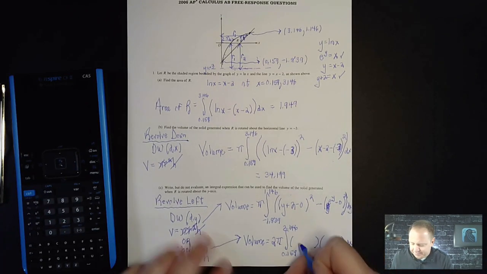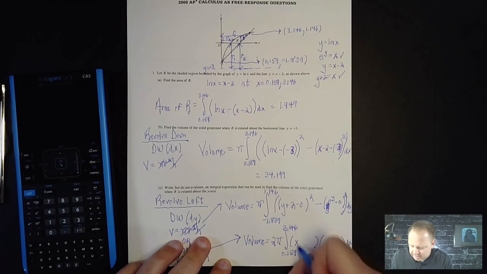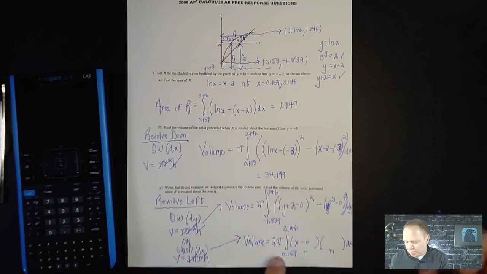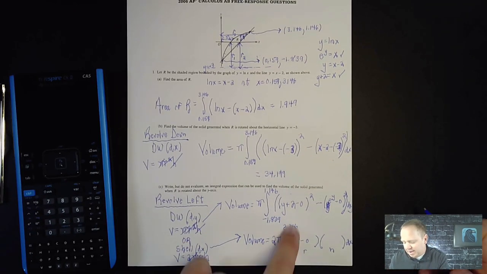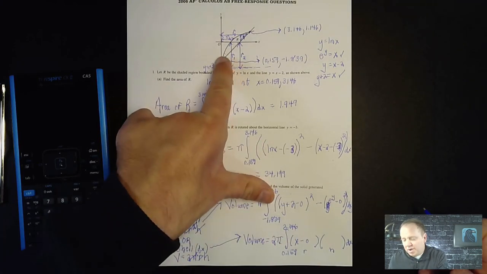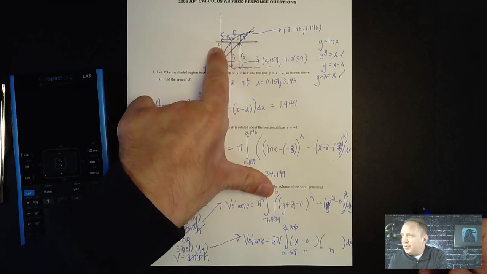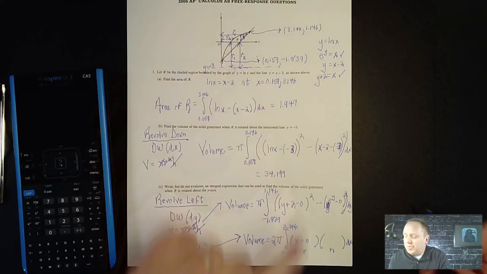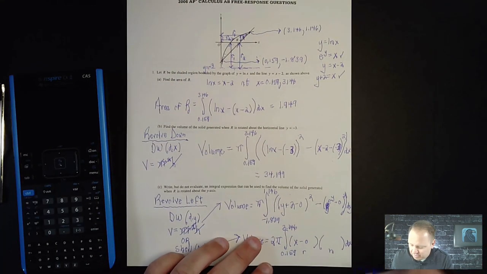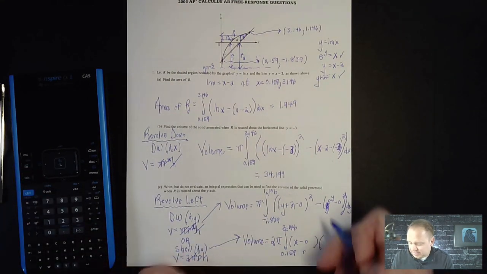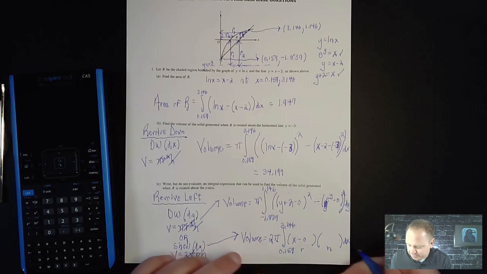Now to do your radius, it's just going to be x minus 0. And if you think about it, wherever the x value is on my domain for my integral, it's just going to keep infinitely putting in my x's from 0.159 to 3.146, right? So any radius is going to be, right, from here to here to here. So hopefully, maybe you've learned this, maybe you haven't, so just focus on the disk and washer method.